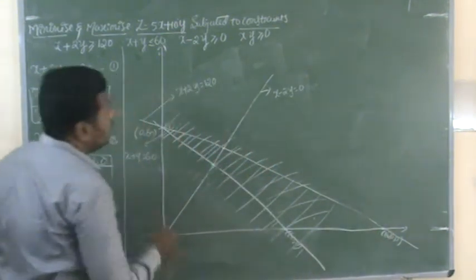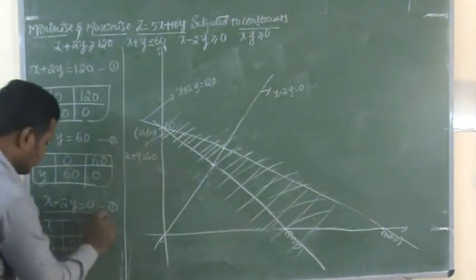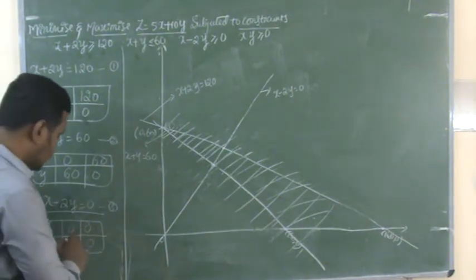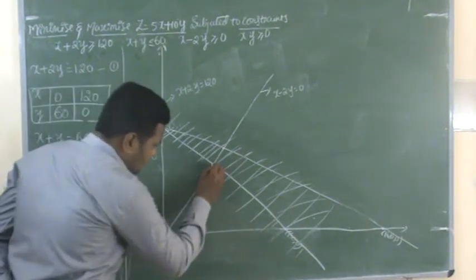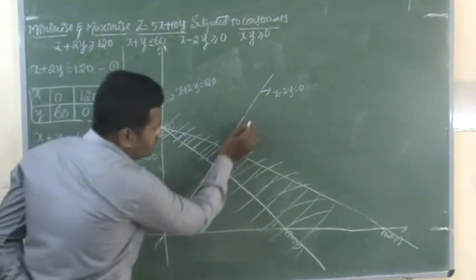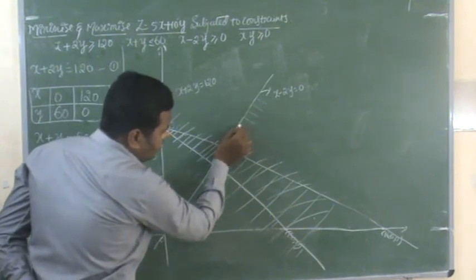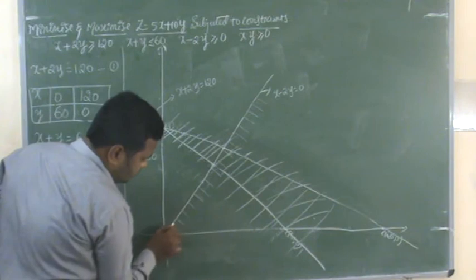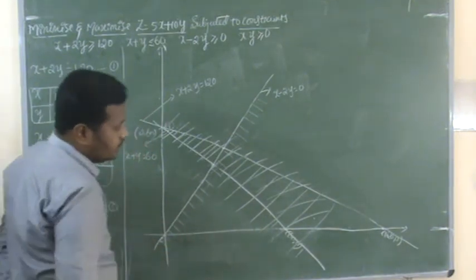And for the third equation, when x is equal to 0, y is equal to 0, the shaded part of the region comes towards the right hand side.